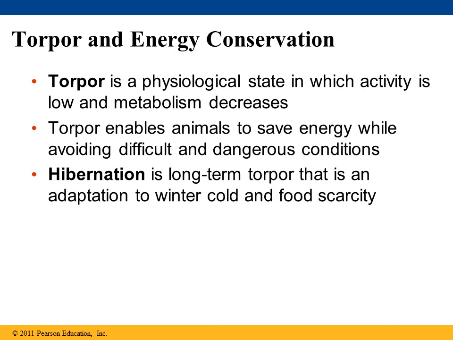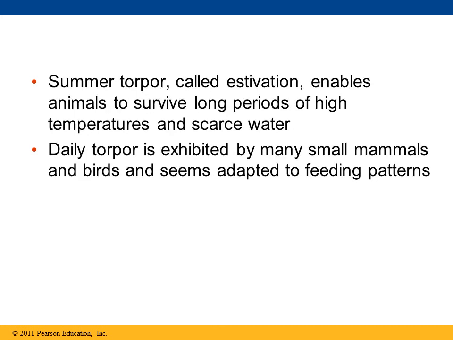So activity is low, so metabolism can decrease, and this is an adaptation in the winter when food is scarce. Summer torpor, called estivation, enables animals to survive long periods of high temperature and scarce water. And then daily torpor is exhibited by many small mammals and birds and seems to be adapted to feeding patterns.